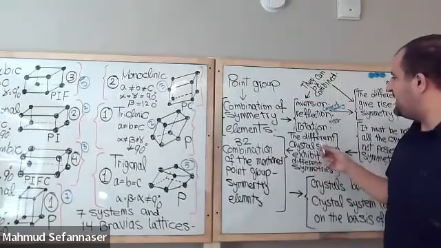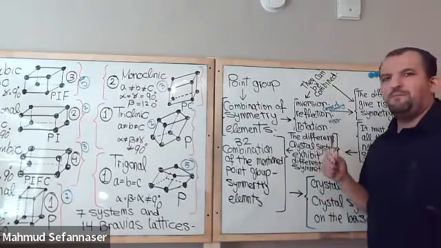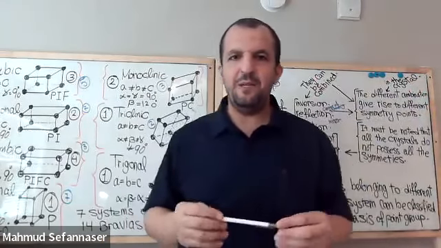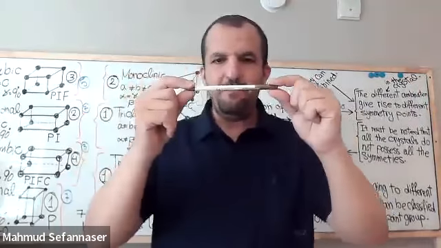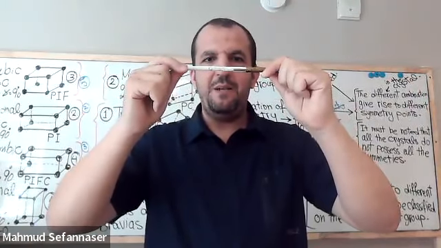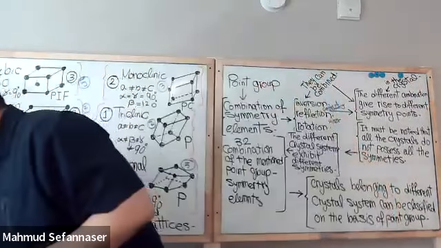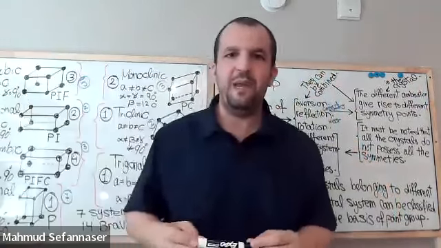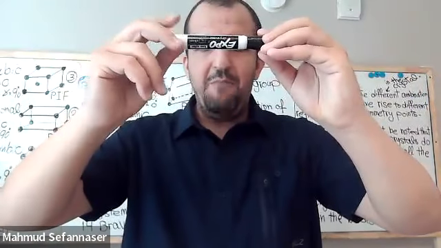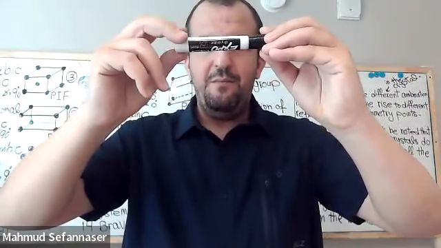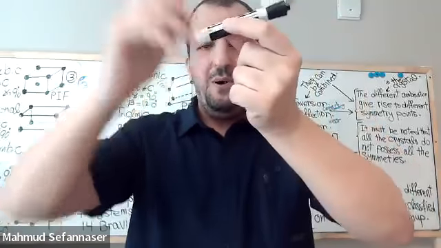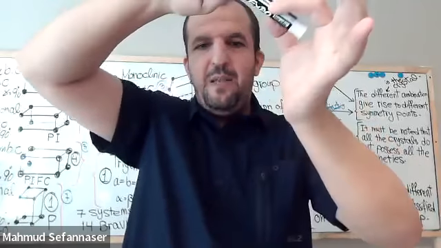And the last one, guys, is rotation. Rotation is another symmetry element. It's possible to rotate this, maybe you can see that using this pen, or with the marker. This can be considered as rotation, and this can also be considered as a rotation.